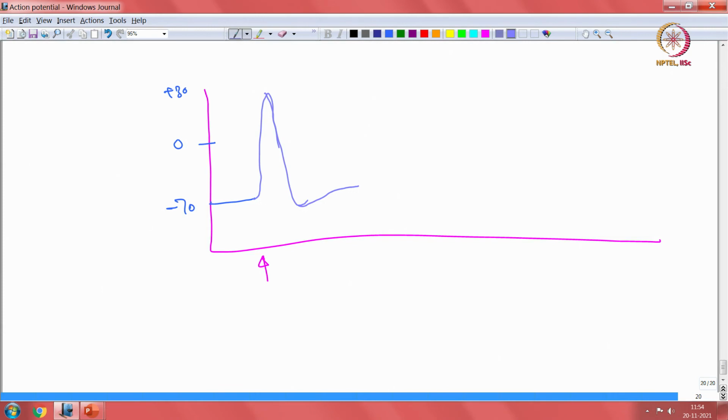So, the changes which happen are slightly asymmetric. The sodium upstroke is far sharper and steeper, so the slope of the sodium part of the story is steeper than the slope of the potassium side, which is more slack, and the overshoot which comes back takes a lot more time. So, they are not very linear, and that is why this particular waveform has a very specific shape, and that shape, as I told you, is conserved for a given neuron, a set of neurons, and even a set of species.